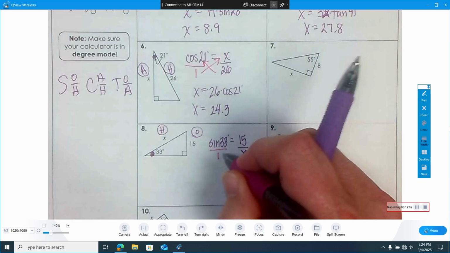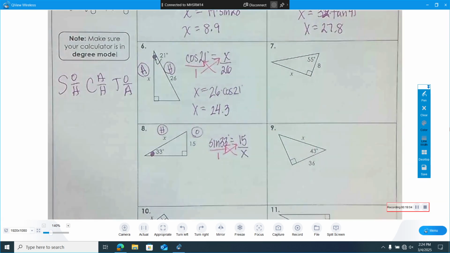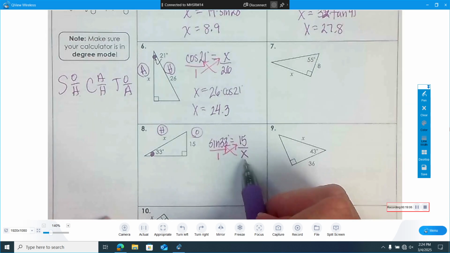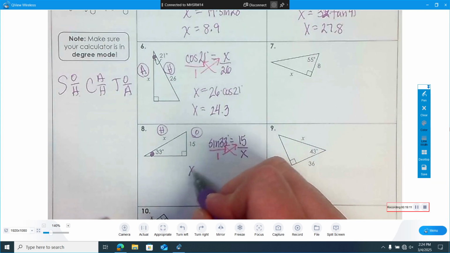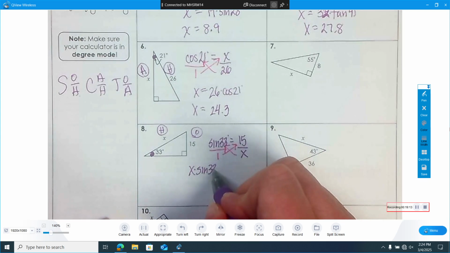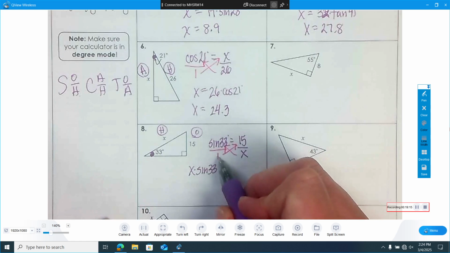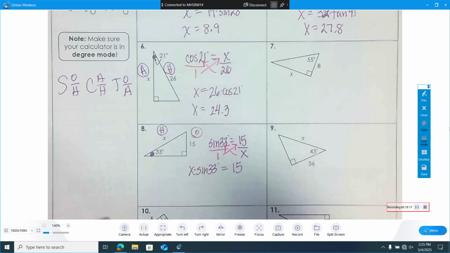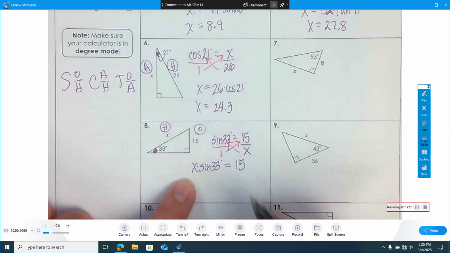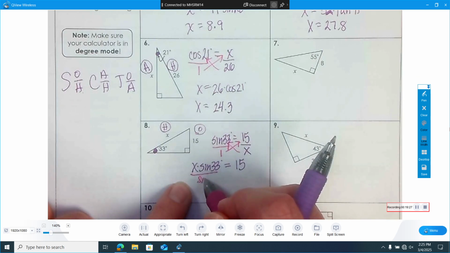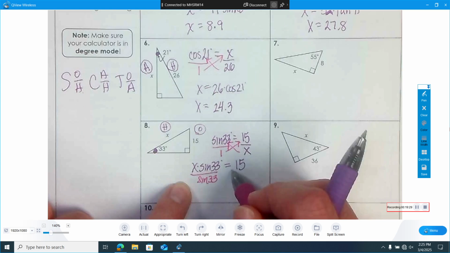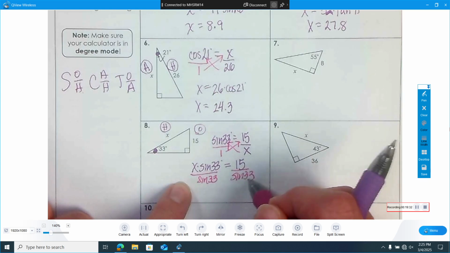So then, again, we are going to cross multiply, but now I have x times the sine of 33. So I'm going to write x times the sine of 33, and that's equal to 1 times 15, or 15. How do I get x by itself? Divide by the sine of 33 on both sides.